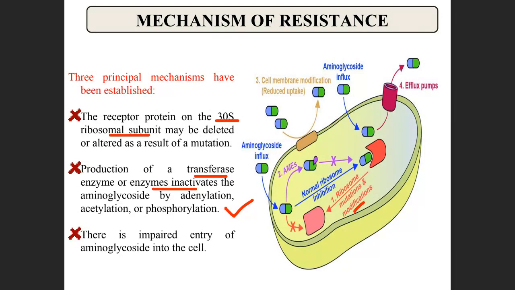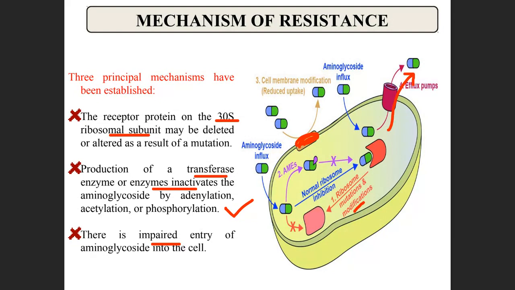The third is it is causing impaired entry of the aminoglycoside into the cell. That means it will not allow the drug to enter inside the cell by showing some protective mechanisms at the cell membrane. Also, if the drug enters, it will have an efflux pump.